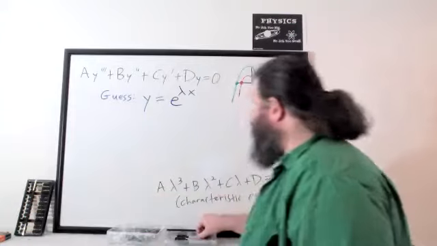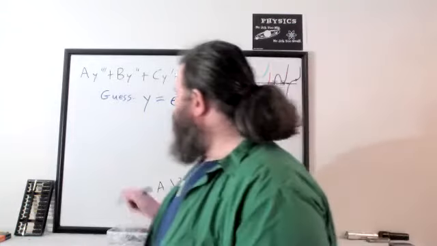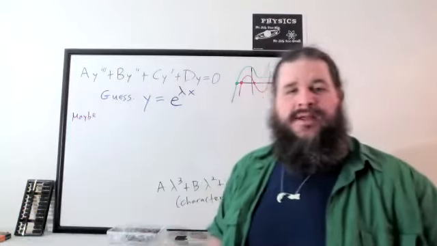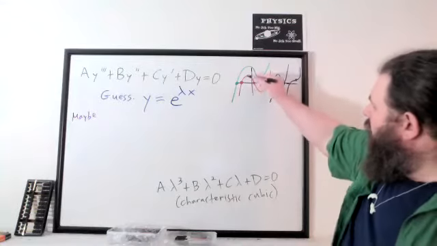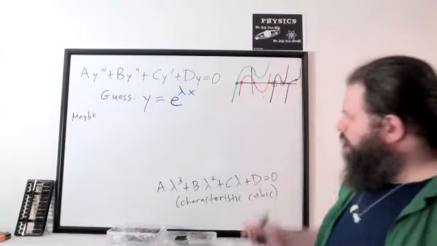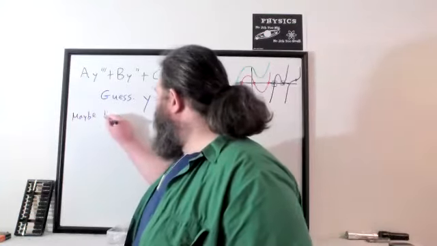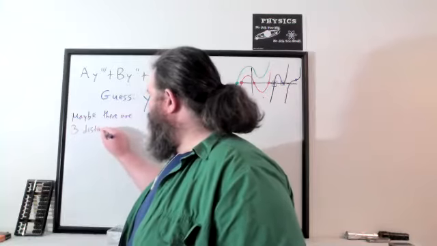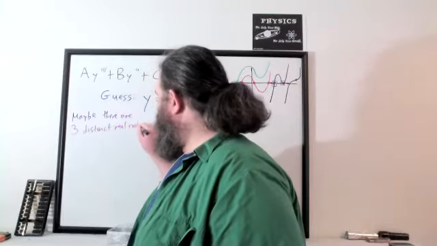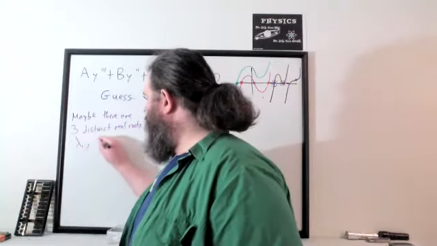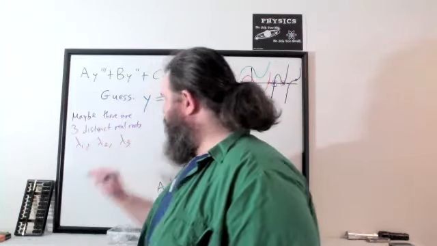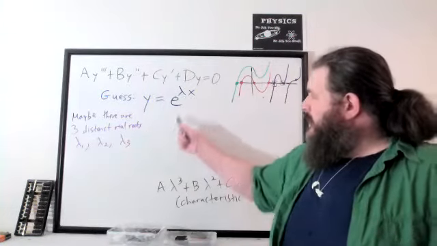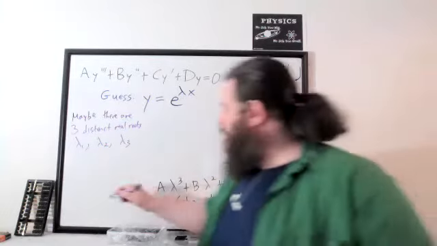So looking at some of the possibilities here, maybe we have 3 distinct real roots, like for instance, this cubic here. Let's say lambda 1, lambda 2, and lambda 3. In that case, we would just take the usual approach of e to the power of lambda 1 x, e to the power of lambda 2 x, e to the power of lambda 3 x.